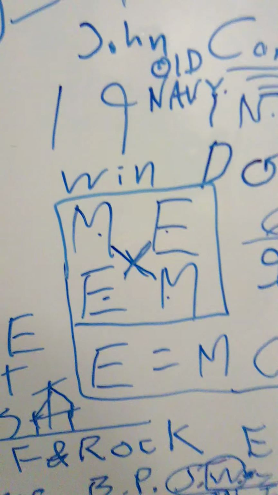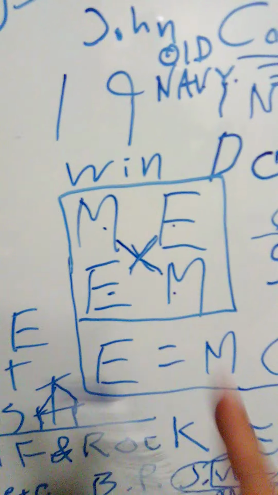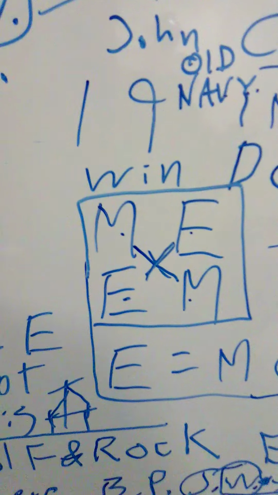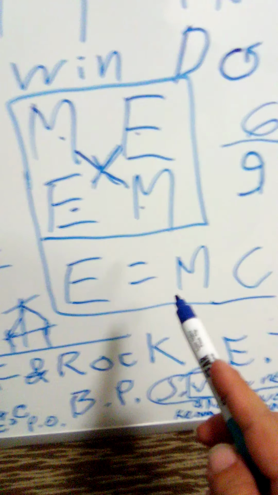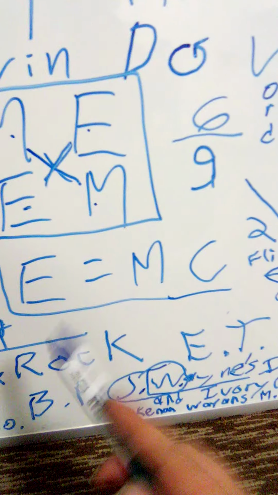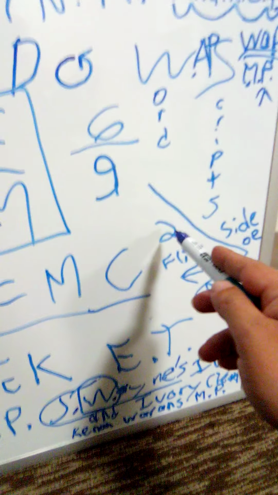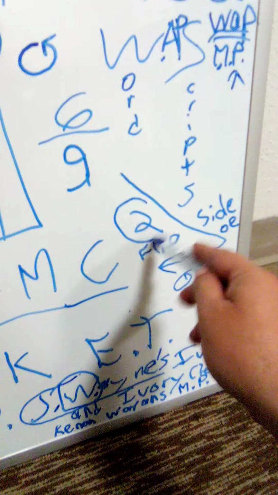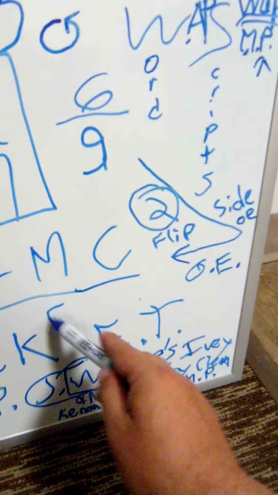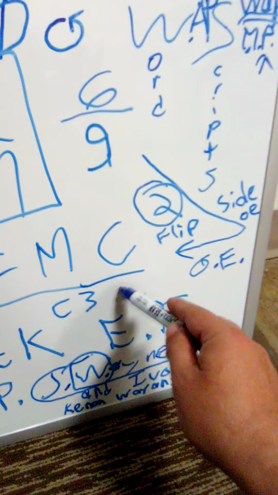Is it me or M? I don't know. It's between me and God. It says, here, E equals MC squared. E equals the media corrections. You see two? See? C2? And we said, well, C3 for the Trinity.